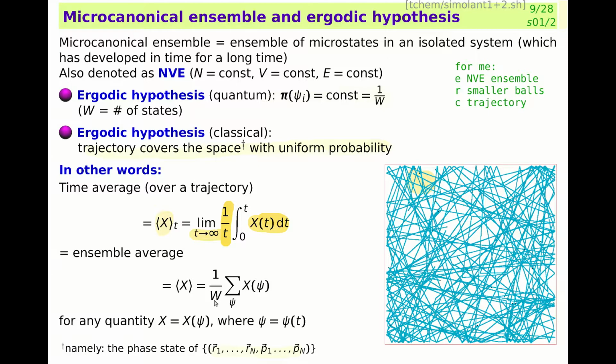And this ensemble average is written in the form of a simple arithmetic average, because all states have the same probability. So this is an equivalent expression for the so-called ergodic hypothesis. Either all states have the same probability, or the time average equals the ensemble average.